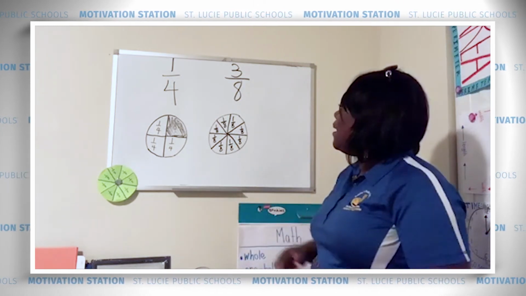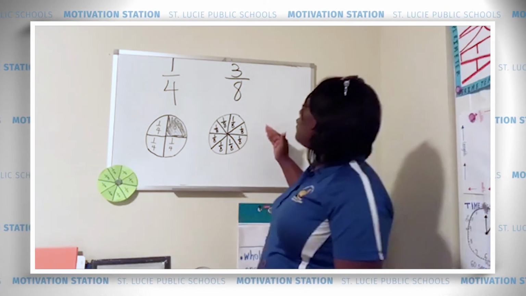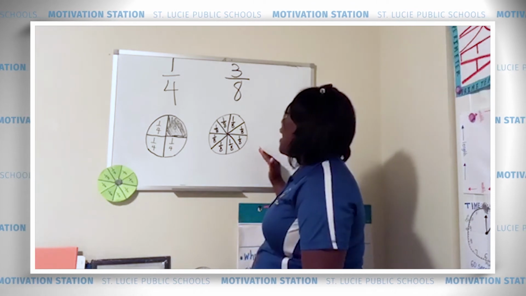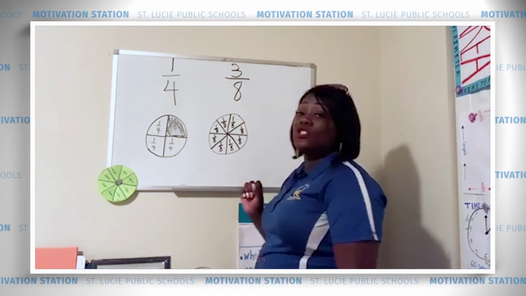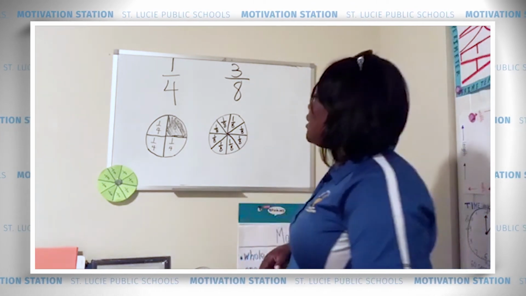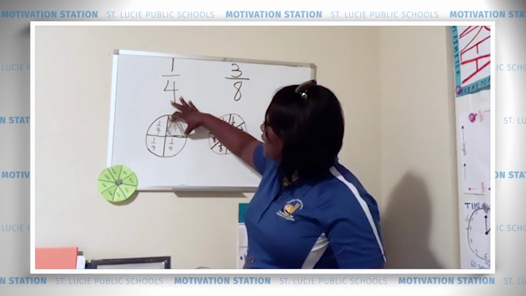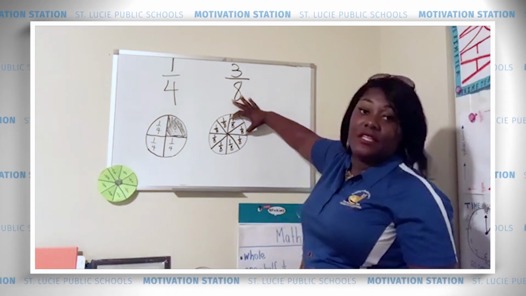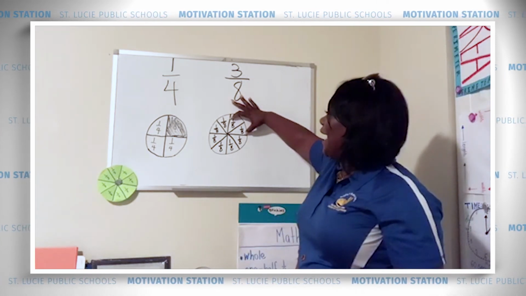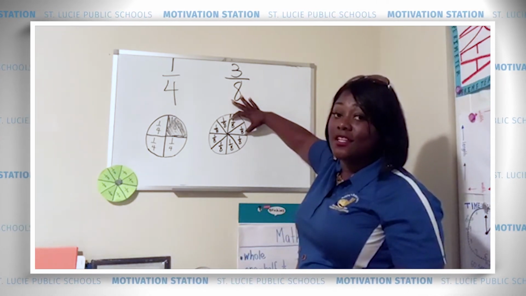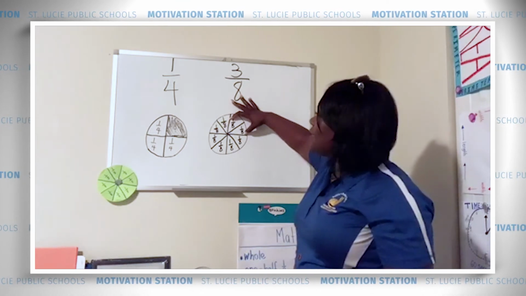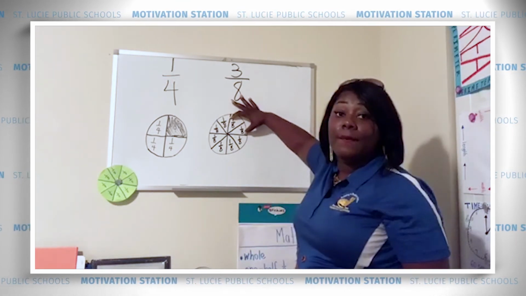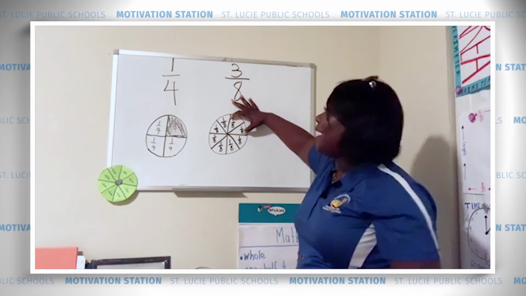Okay. Now, before I move over here and I start shading to show 3/8, I just want to point out that this section of 1/4 is about this section here. How many eighths cover this section, the section of a 1/4 part? 2/8.